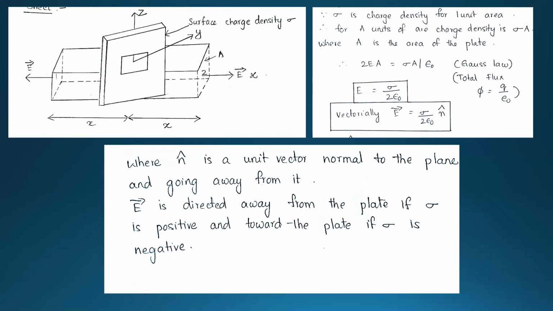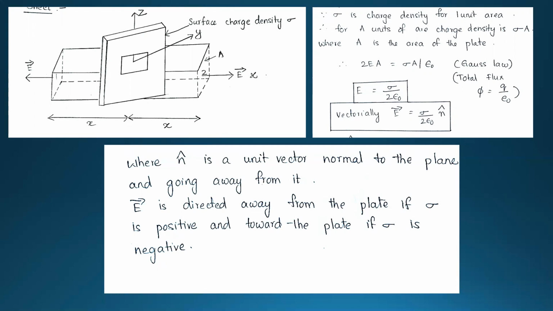Therefore, as per the Gauss law, the total flux through a Gaussian surface is equal to the total charge enclosed by the surface divided by epsilon naught.